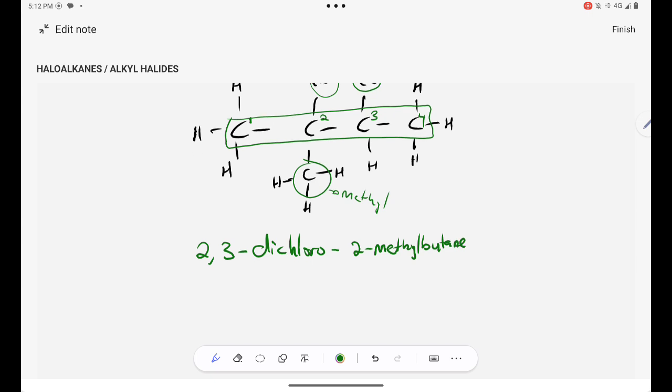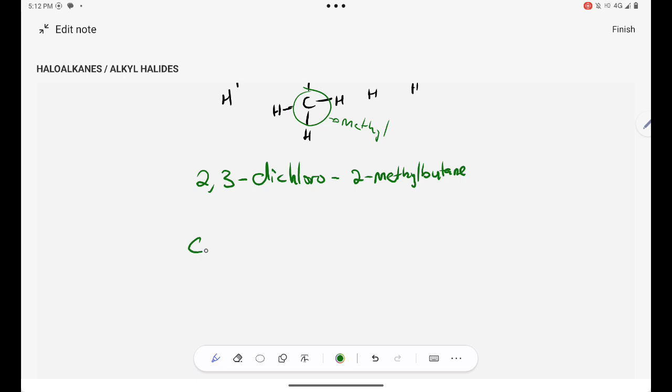Are you together? Sometimes we'll have a structure like this. 1, 2, 3, 4, 5. Maybe over here you have this. You have an ethyl over there.